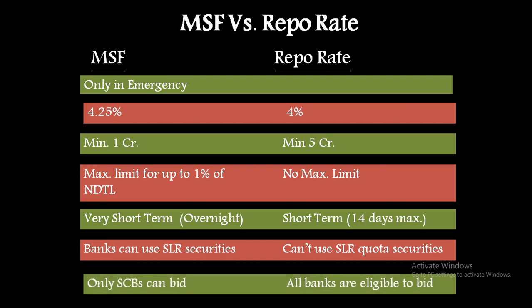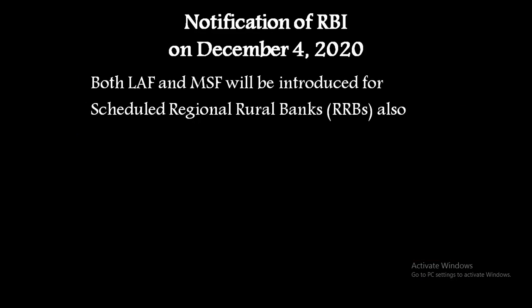Next, only scheduled commercial banks can bid for MSF, whereas all banks are eligible to bid for repo rate. And as per the latest notification of RBI on 4th December 2020, both LAF and MSF will be introduced for scheduled regional rural banks also.